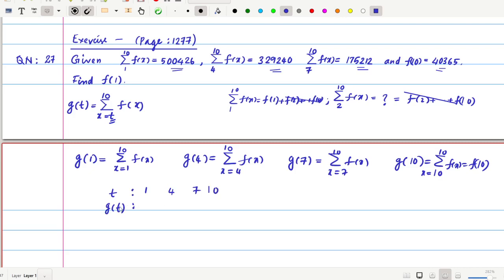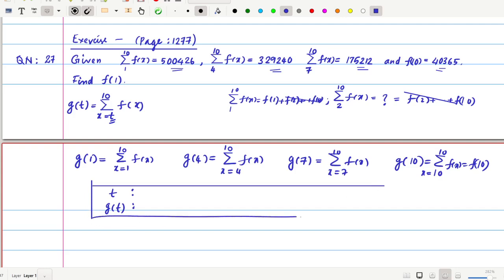Then we write the values of t and g of t in a table. First we write t as 1. When t is 1, g of 1 is the summation x equal to 1 to 10 of f of x, which is given as 500,426.